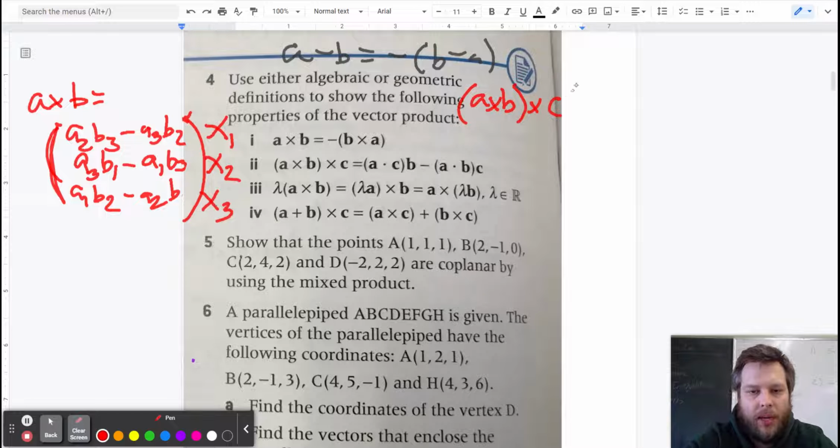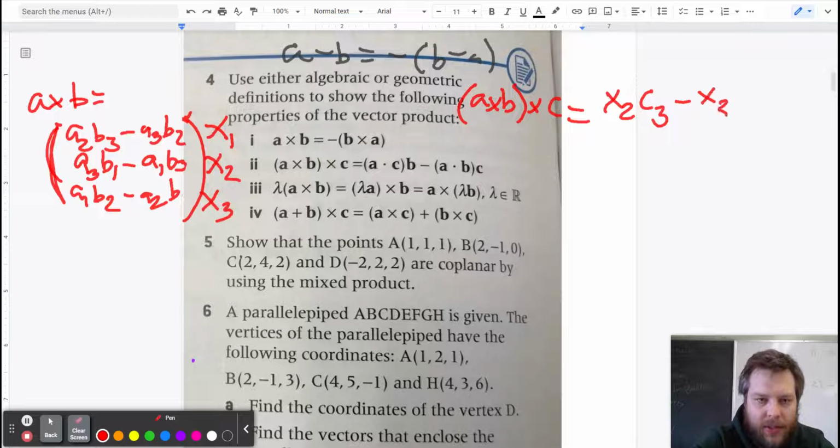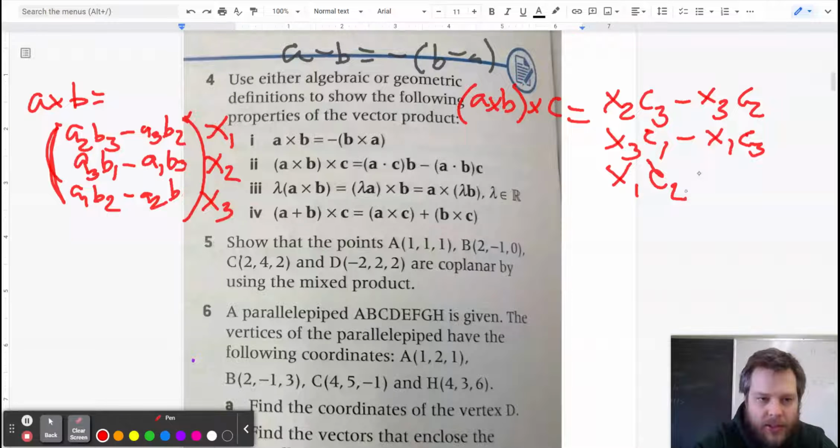And so when I write this out, I'm going to write it in terms of x1 and c1, like an x and c. So A cross B crossed with C is going to be x2 c3 minus x3 c2, x3 c1 minus x1 c3, x1 c2 minus x2 c1.